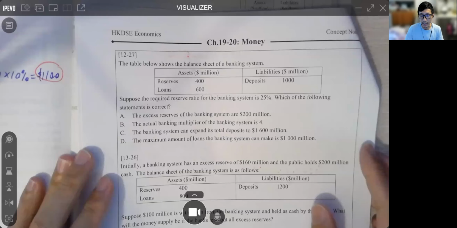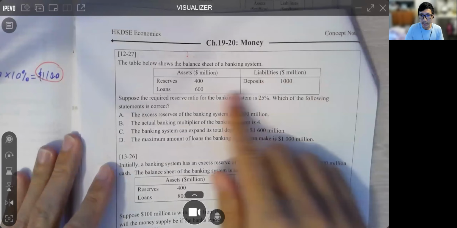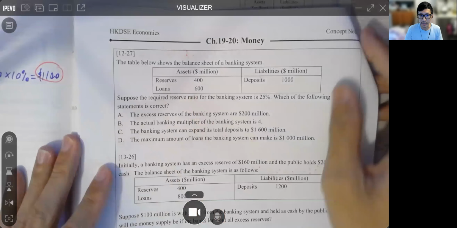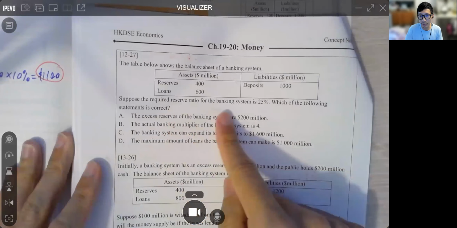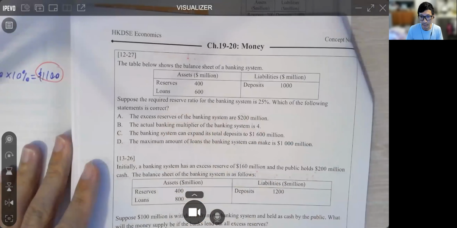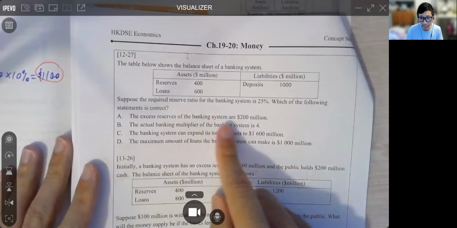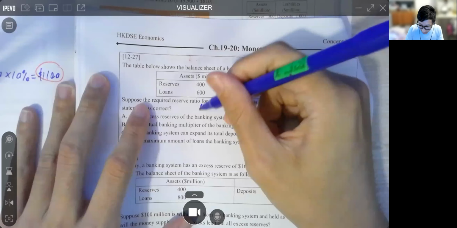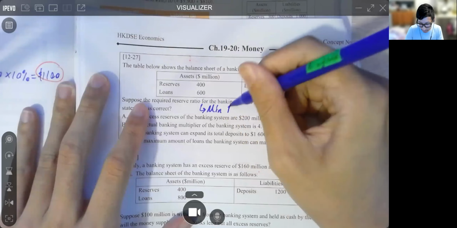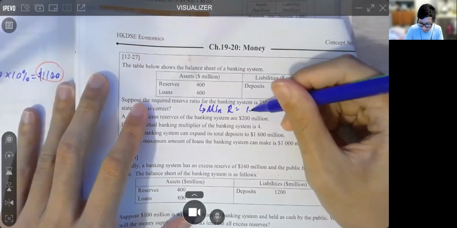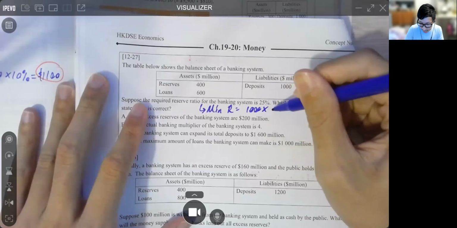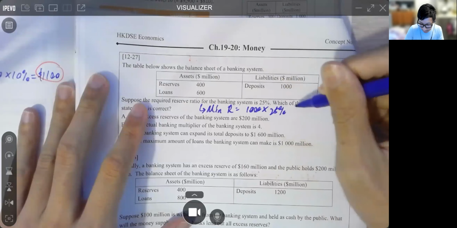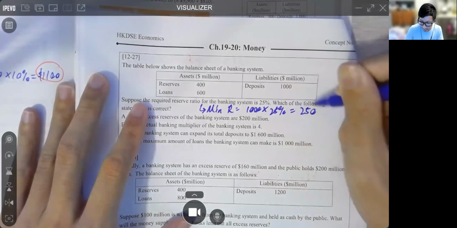2012年啦。You're given these balance sheets, right? Suppose the required reserve ratio is 25%. 我哋望望啦，the excess reserve 我哋計咗先，the minimum reserve is just 1K times 25%, which will be 250.